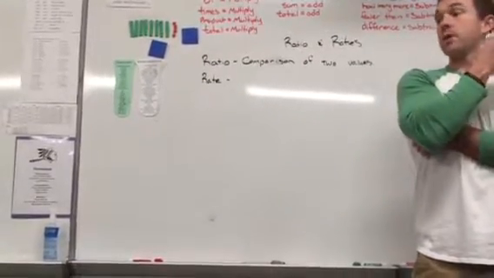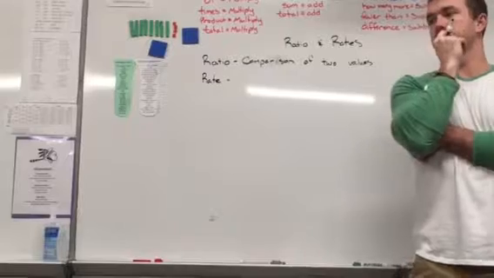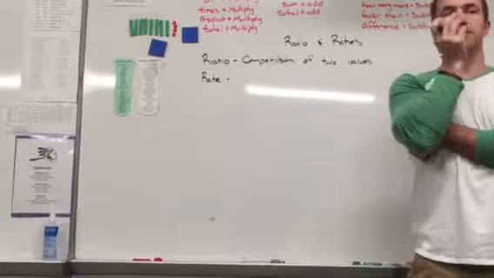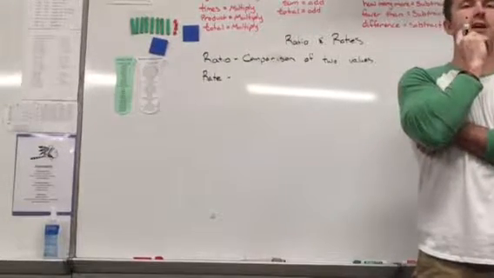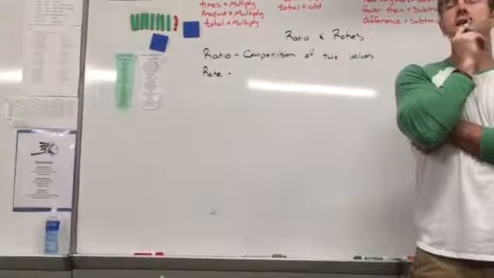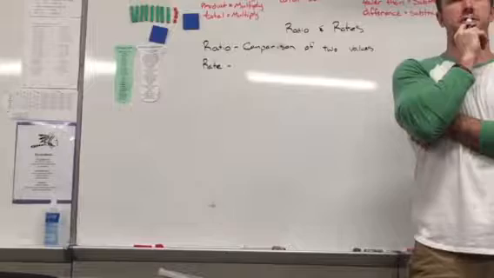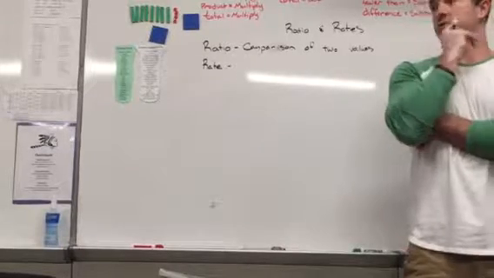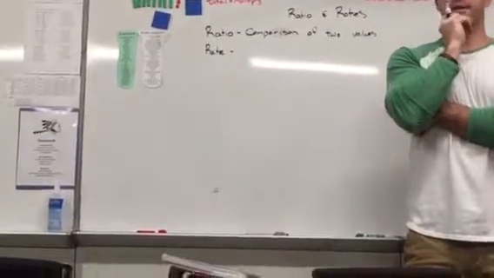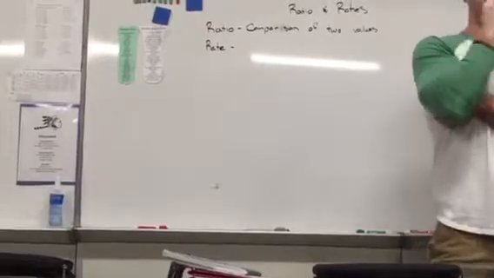A distance. Okay, it's a distance, right? Can distance be measured? Yes. Okay, how about hour? It's a time. It's an amount of time. Can it be measured? Yes. That's how we measure how long a day is, right? How many hours? 24 hours.